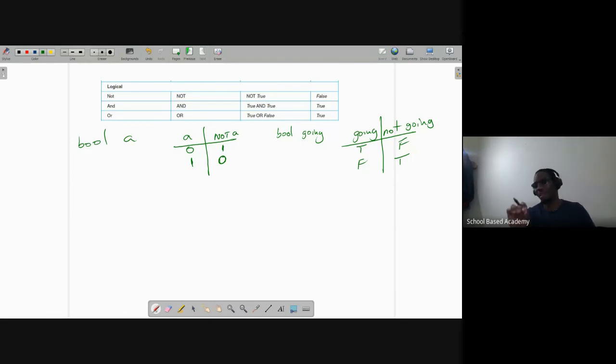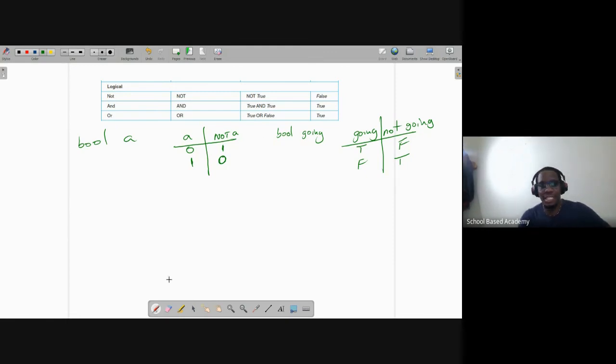All right? So again, if it is true that I am happy, then it is false that I am not happy. If it's false that I'm happy, then it's true that I am not happy. This takes a little getting used to sometimes, but this is what we have to practice.